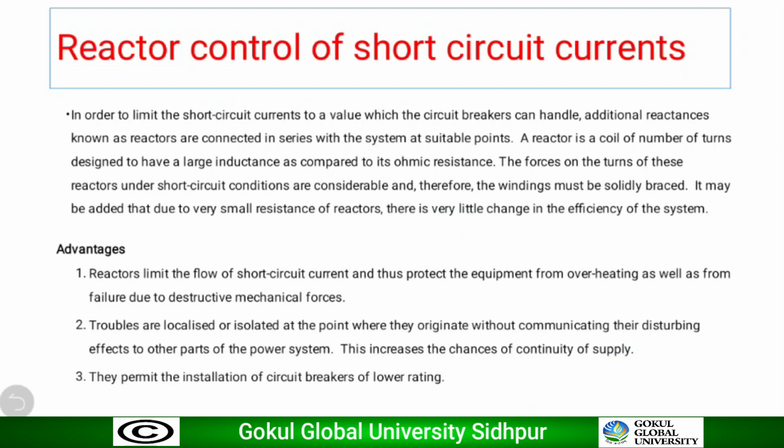For that purpose, to limit a short circuit current, a reactor is used as equipment. In order to limit the short circuit current to a value which the circuit breaker can handle, additional reactors are connected in series with the system at a suitable point.